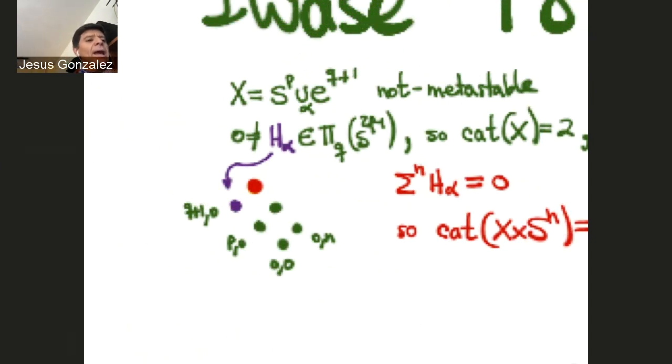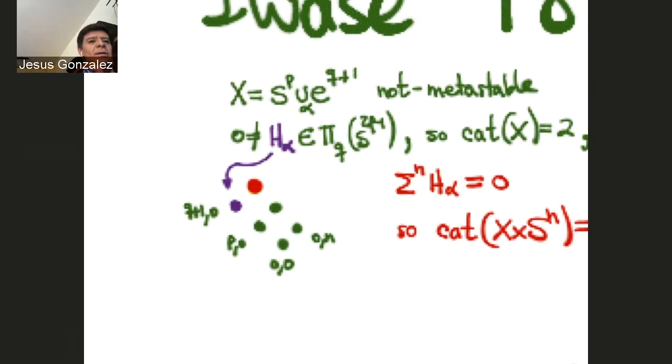One has layers, namely the first layer is formed by the cell which is the product of the two base points, which I'm denoting here as 0, 0, and so on. By the time you attach the purple dot on the axis of X, you are asking whether the category is either 1 or 2, whether it can increase by 1, because in the previous layer it was 1.